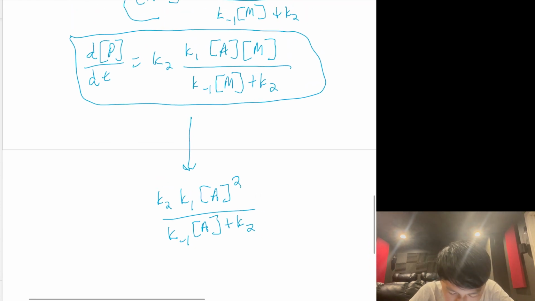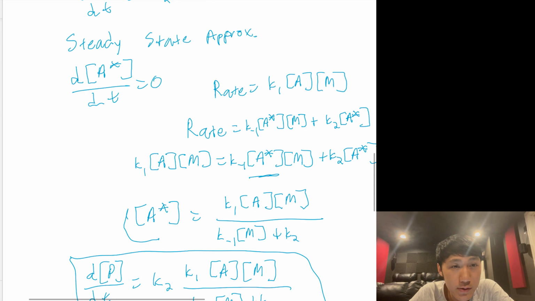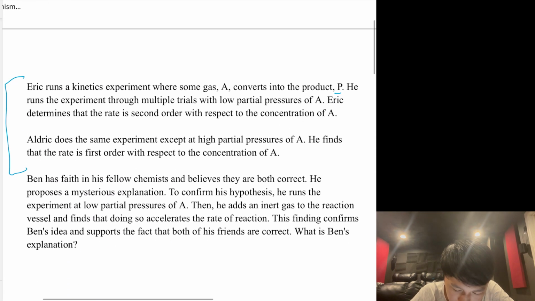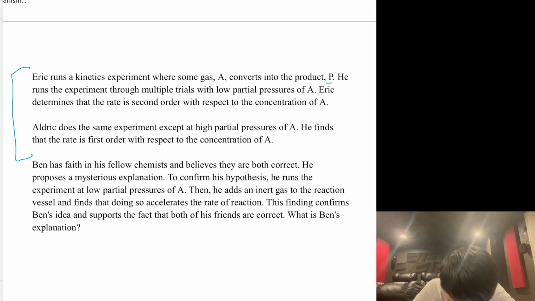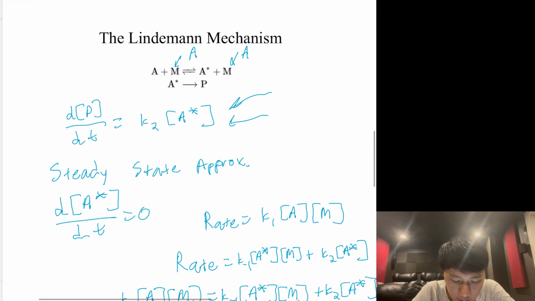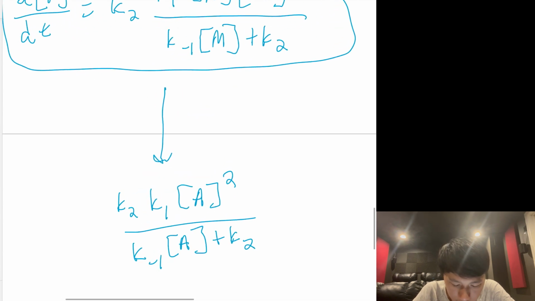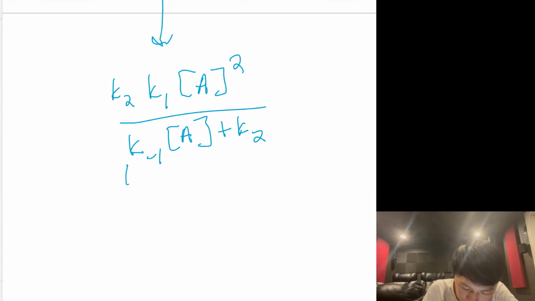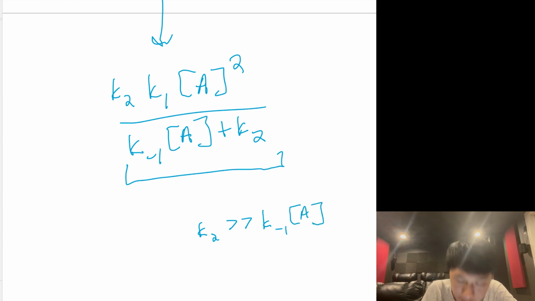All right, and then we can evaluate if it makes sense, the data that they got. So what I mean is, we saw that there's low partial pressures of A. The rate is going to be second order. Well, if the partial pressure of A is very low, that means the concentration of A is also probably very low. That means in the denominator here, k-1 times A plus k2, the k2 is going to be significantly greater than k-1 times the concentration of A. Therefore, the denominator is effectively just k2.